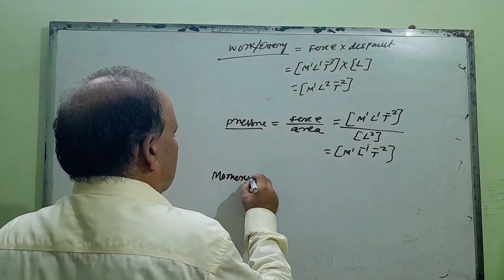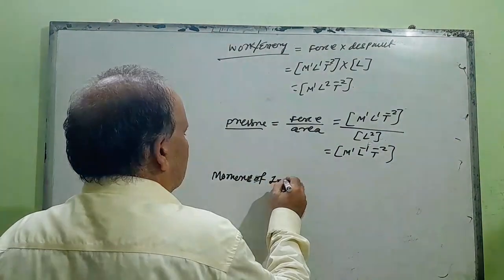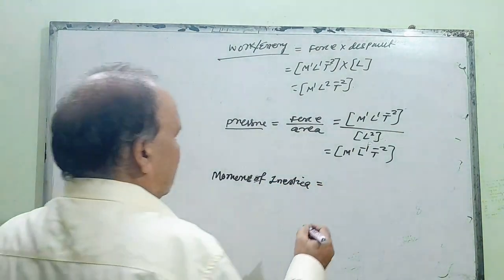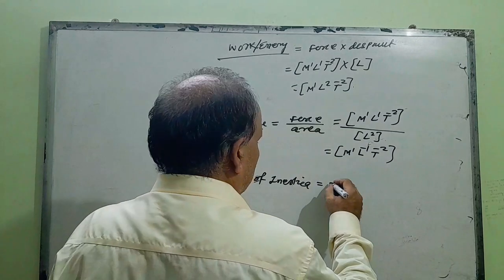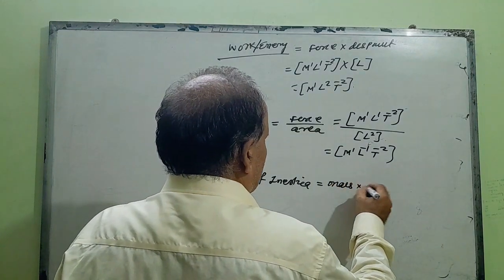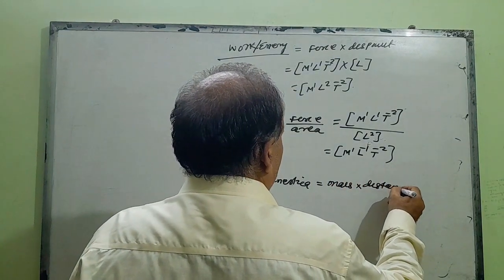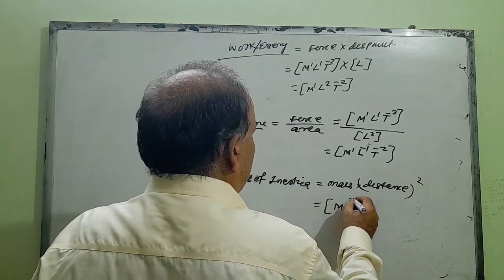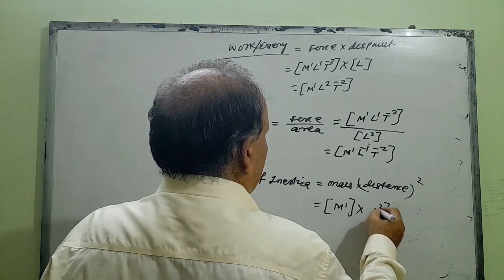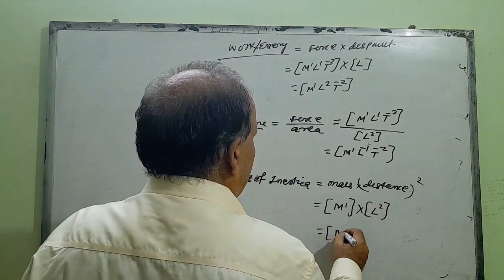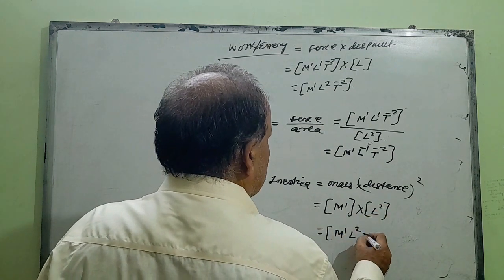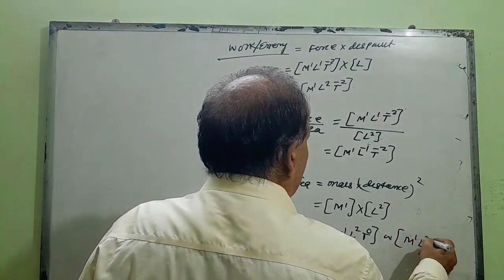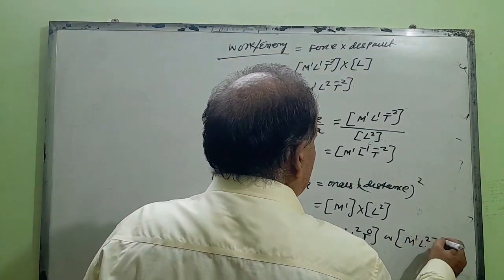Moment of inertia, that is your mass into distance square. Distance square, that is your M1 into L square, that is M1 L square T0, or we can write M1 L square only.